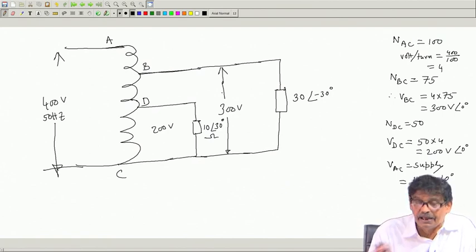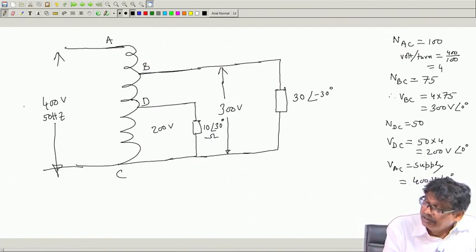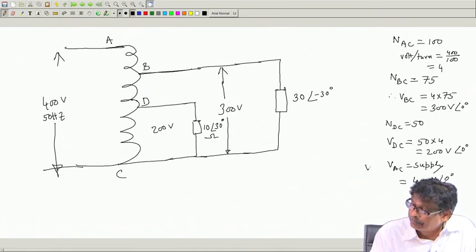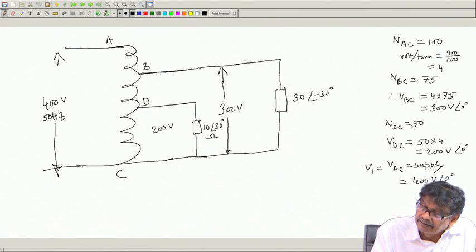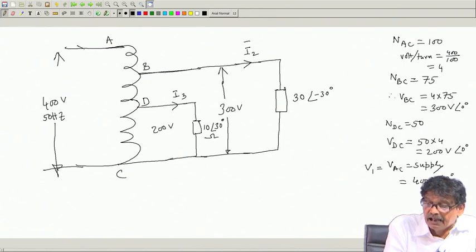So, these two must match. This is your V 1 supply voltage. Therefore, I will first say that let this be I 2, let this be I 3, and let this be I 1.